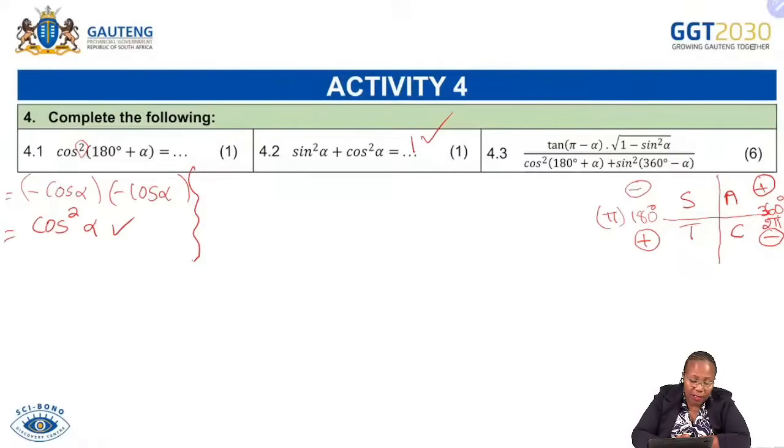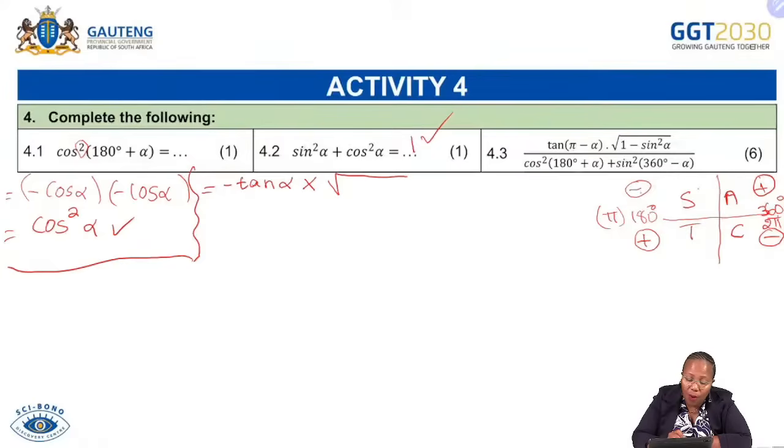And then for number 6 now, for 4.3, which is 6 marks, we are having the tan of pi radians minus alpha. Pi minus alpha, that is quadrant 2. What is tan there? It's negative. Then it will be equal to negative tan alpha. And then multiply by the square root. 1 minus sine squared is this identity now.